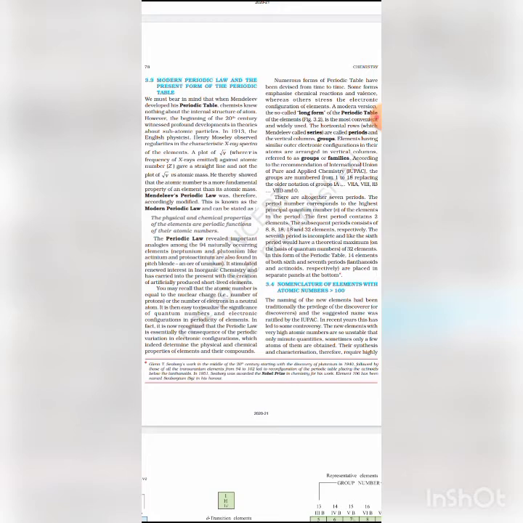And all alkali metals have one electron in their outermost orbit or valence shell. Okay, and they lose it easily to form a unipositive ion, and therefore these metals form ionic compounds and they become more reactive as we go down the group. They also have low melting points, and they are very soft, and they also have very low densities.